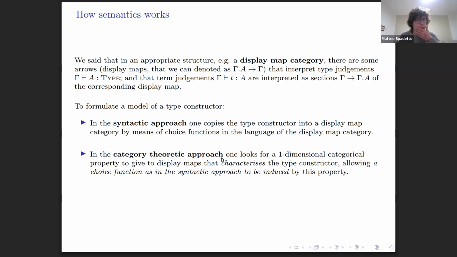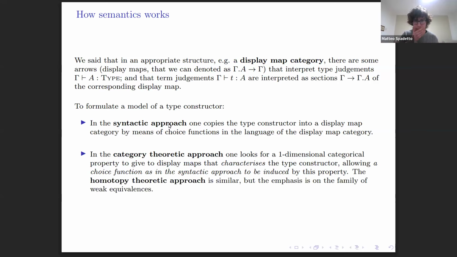So in this sense, the categorical approach is a reformulation of the notion of a model of an inference rule, in the sense that these properties that we look for should automatically induce choice functions, as in the syntactic approach, choice functions corresponding to the inference rules of type theory.